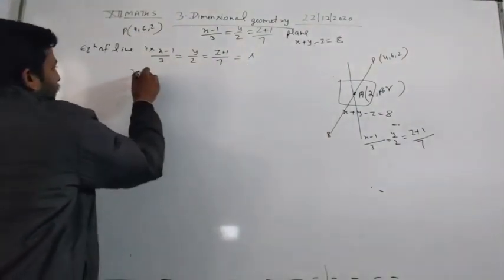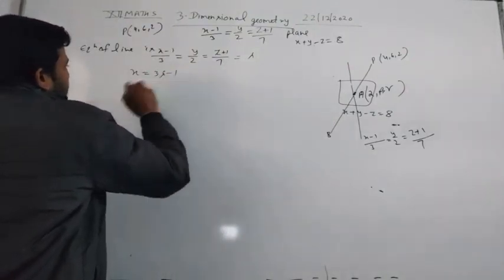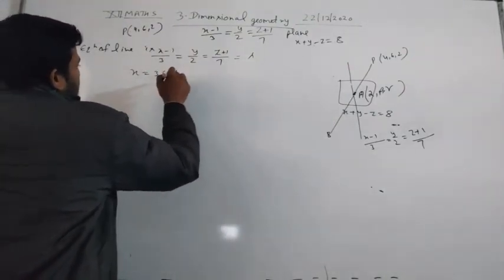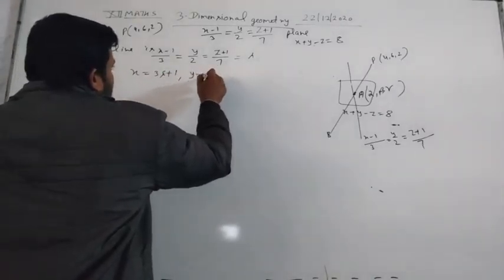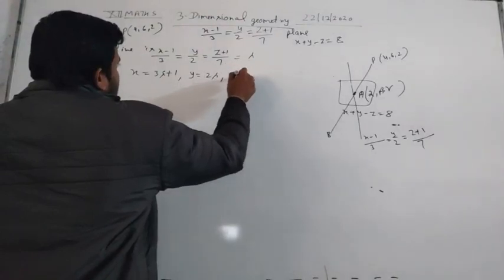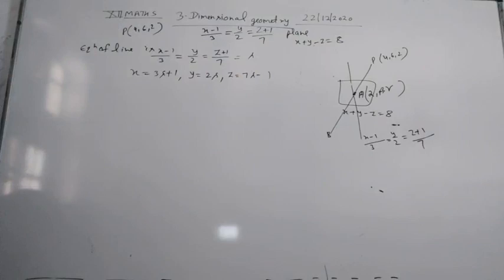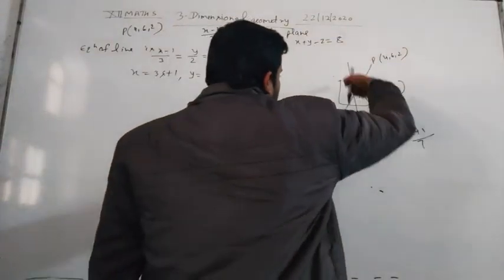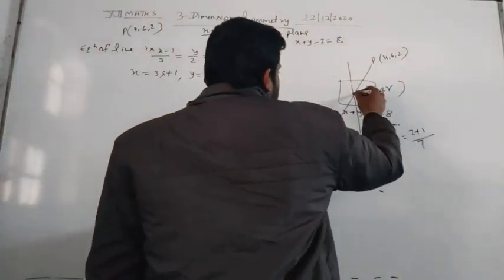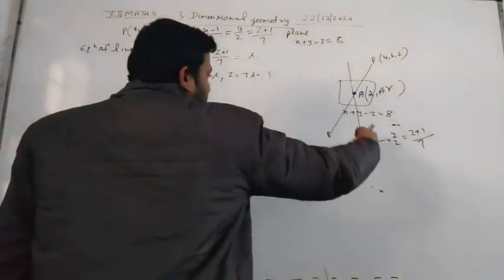So our x will be 3 lambda plus 1, y is 2 lambda, and z is 7 lambda minus 1. Now this line is passing through the intersection point A, so it will satisfy the equation of the line.